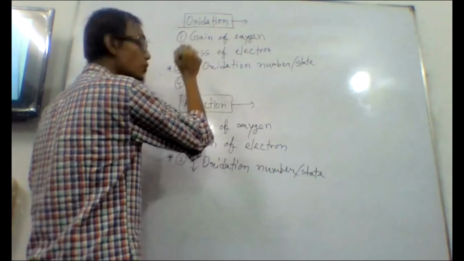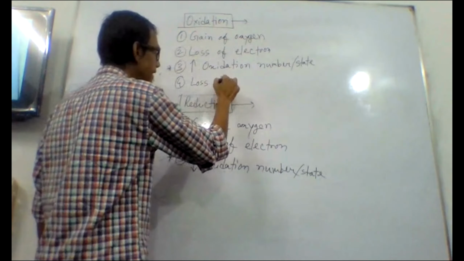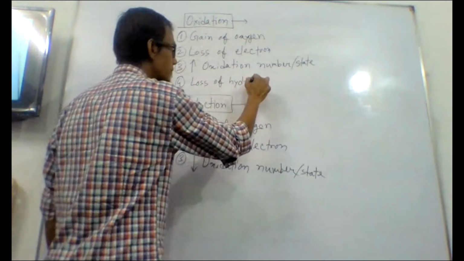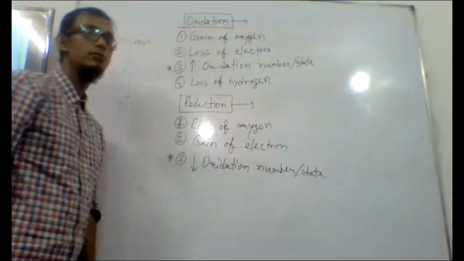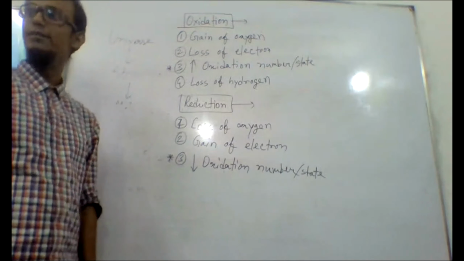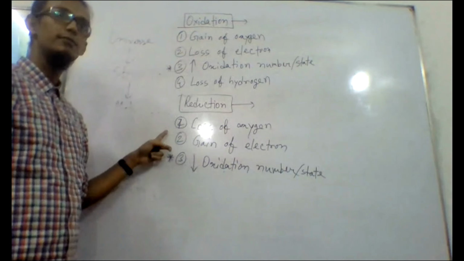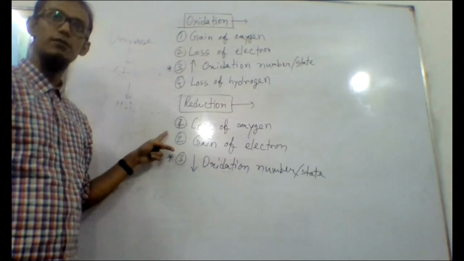Gain of oxygen is oxidation. Loss of hydrogen is also oxidation. We will understand all of these by looking at them. The first, oxidation is gain of oxygen, that we know, right? The opposite is loss of oxygen.